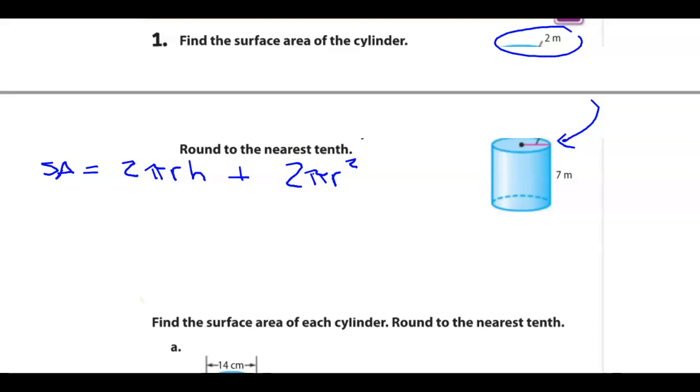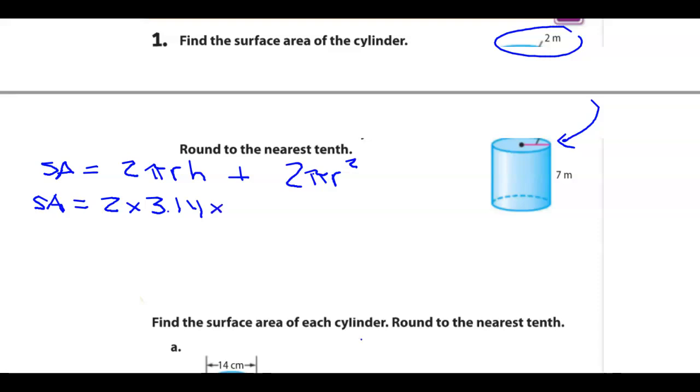So let's fill in some numbers here. My surface area is going to be 2 times 3.14. You're going to be doing this a lot, you guys, 2 times 3.14, so put that in your head. Make that 6.28, because you can save a step on the calculator.